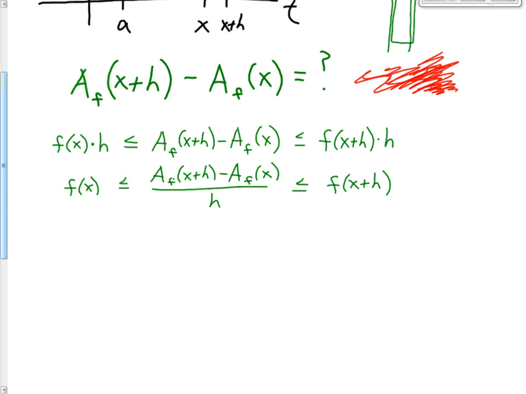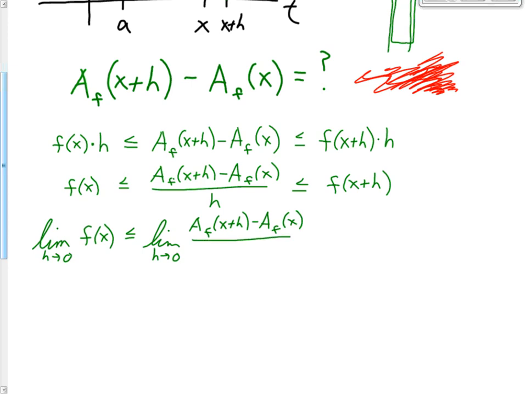All right, now let's take the limit of each of these expressions as h approaches 0. That looks familiar. All right, so let's see. What's the limit as h goes to 0 of f of x?